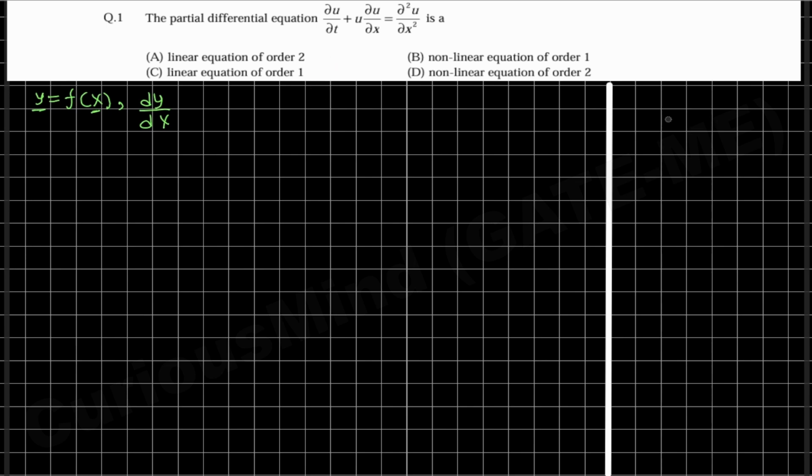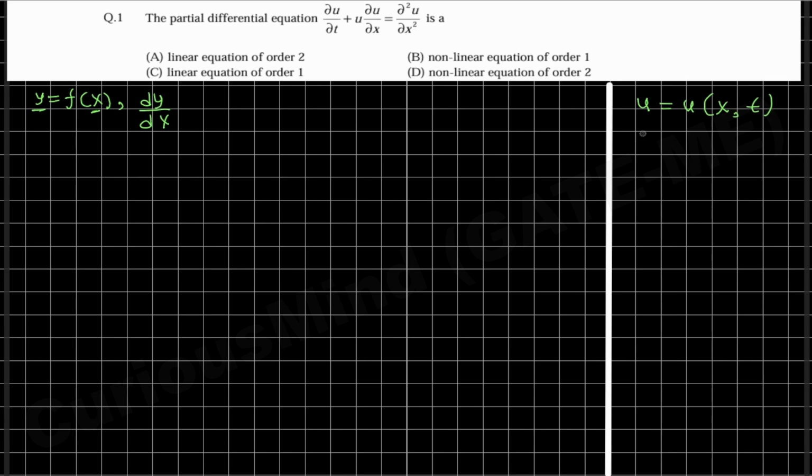So the functional form of this partial differential equation can be written as, so x and t are the independent variables and u is a dependable variable.